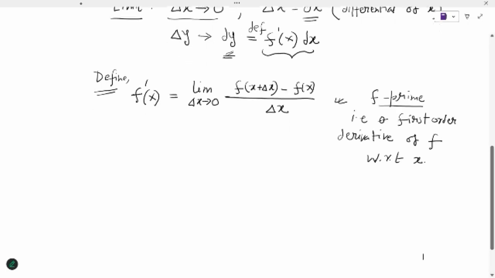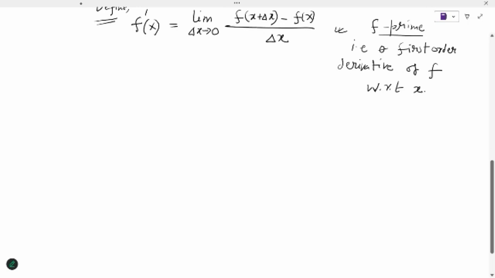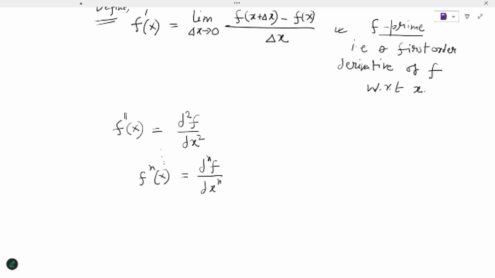Now, similarly, we define f double prime x, that is the second order derivative of f with respect to x, and also the nth order derivative, that is d^n f by dx^n, the nth order derivative of f with respect to x.